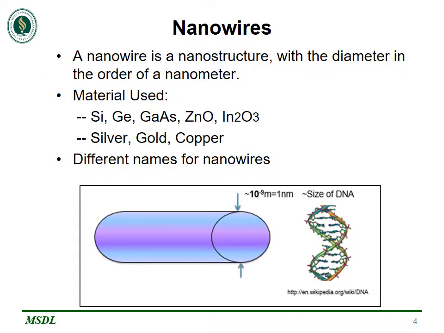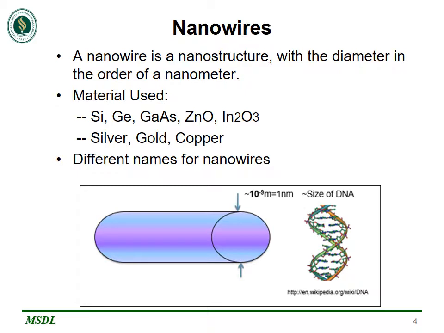Now let's take a look at what is a nanowire. A nanowire is a nanostructure with a diameter or a lateral dimension in the order of nanometers, that is 10 to the power minus 9 meters. Length of the nanowires varies from a few atoms to many microns. Also, the ratio of length to width is greater than 1000, that is length is very much greater than the width.